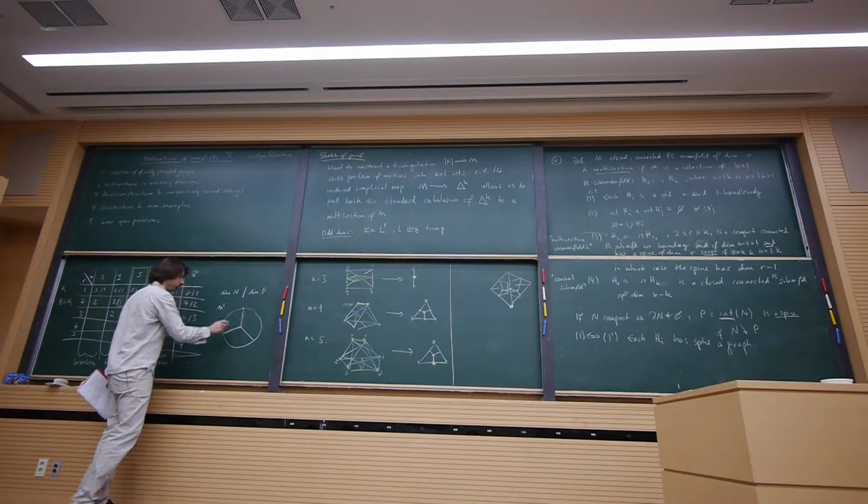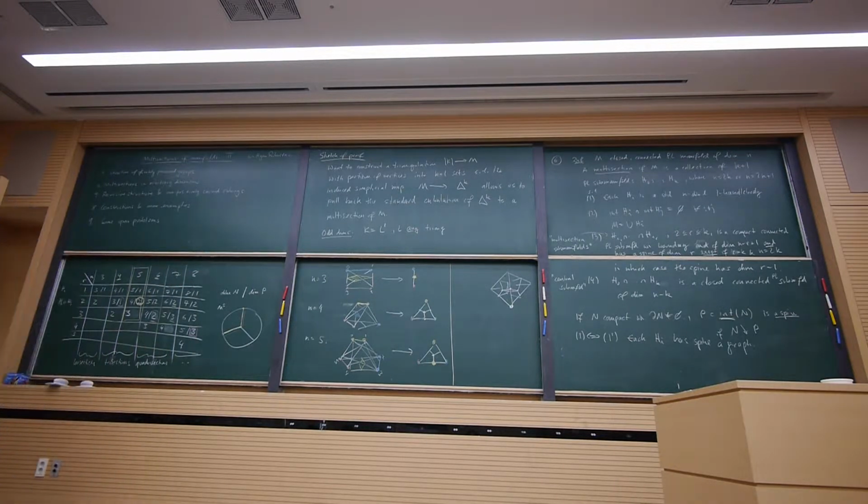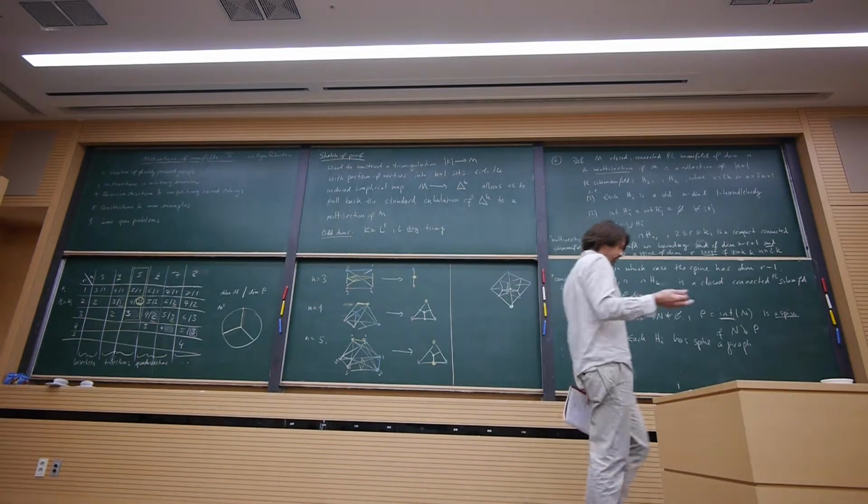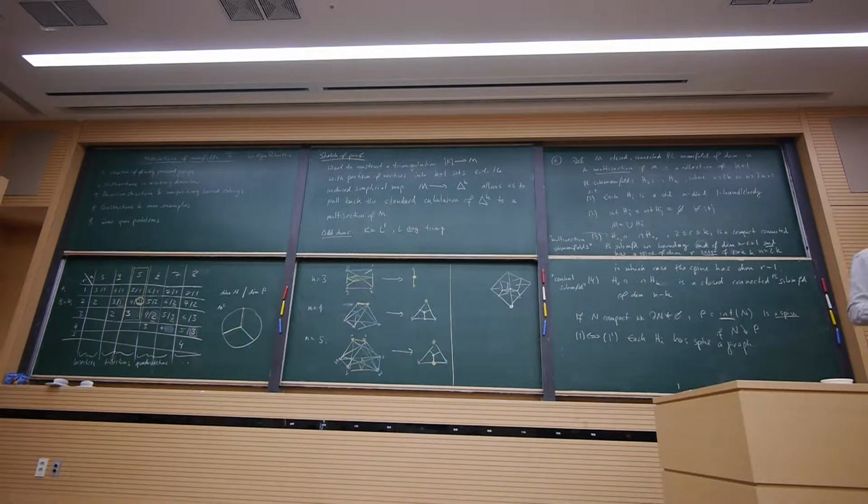Here you see this one 3-manifold, here you see this other 3-manifold. But they don't necessarily have spines of dimension 1, just of low codimension.